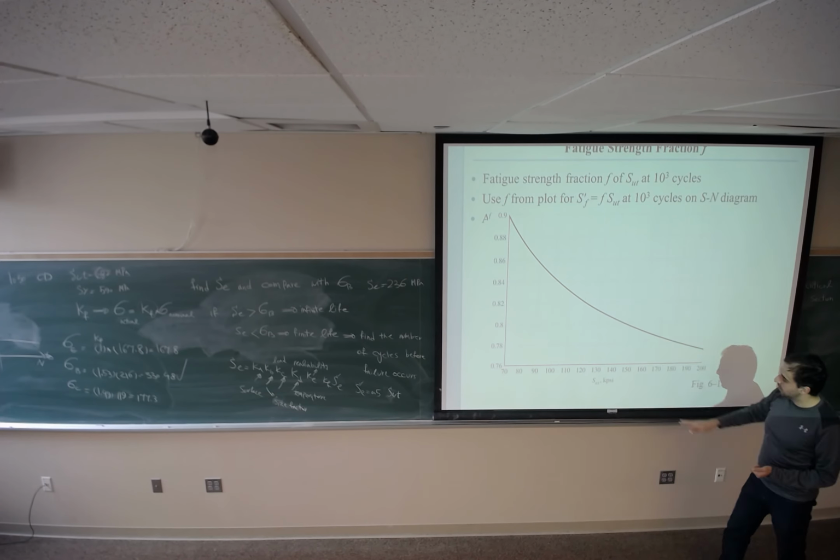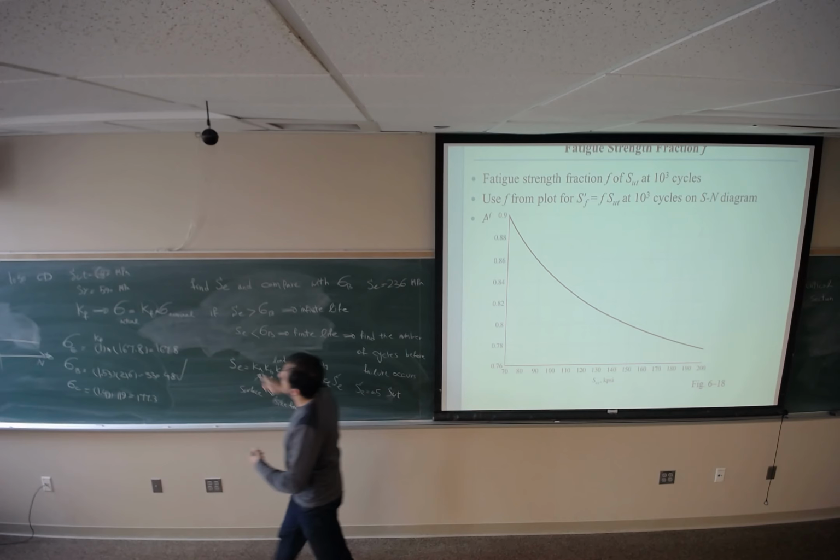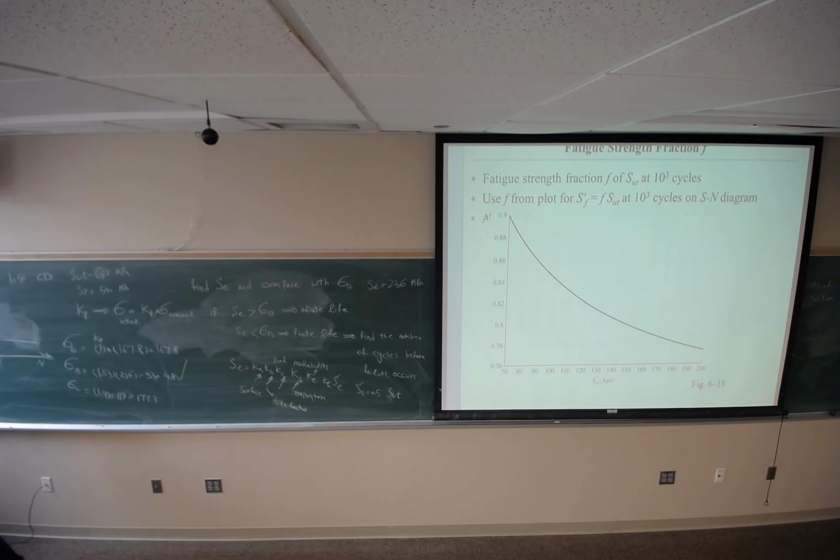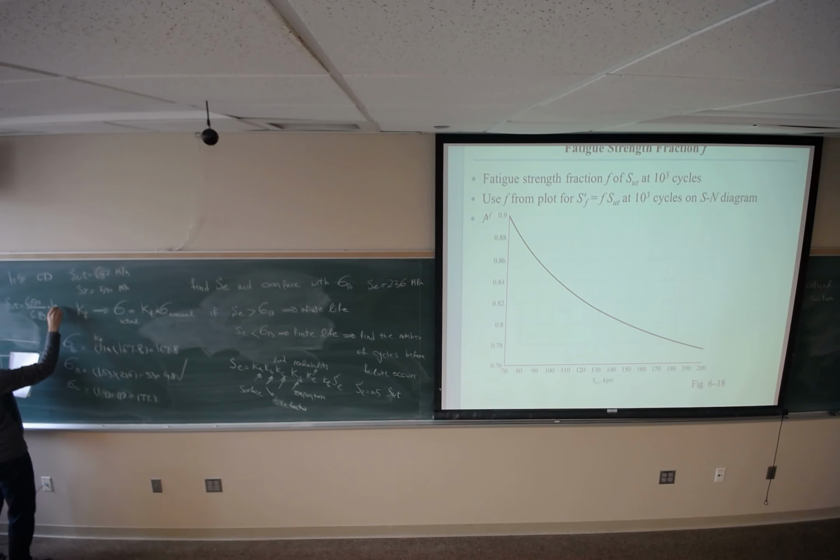S ultimate is given in megapascal. If you want to change megapascal to kpsi, you can divide by the factor of 6.89. So you will get about 100 kpsi.